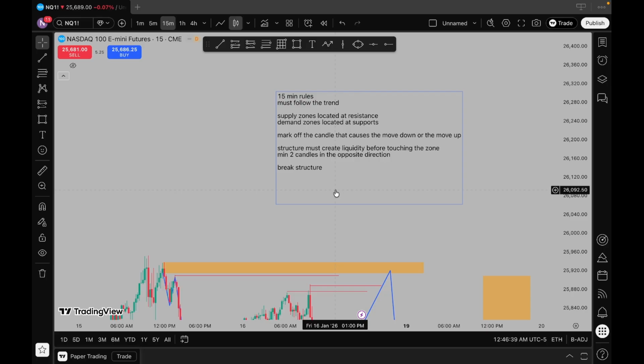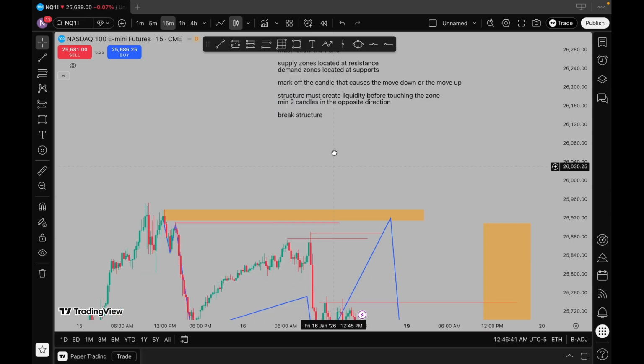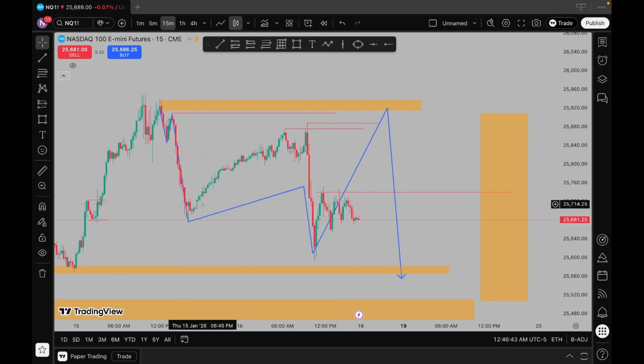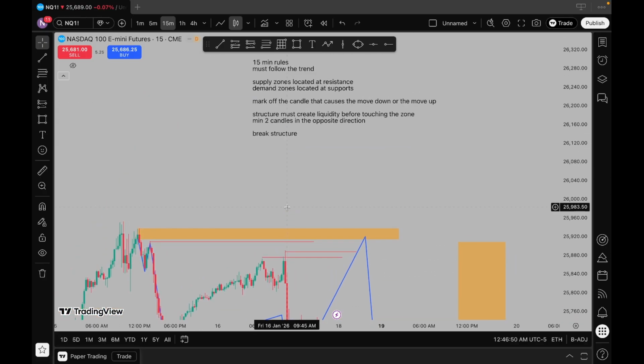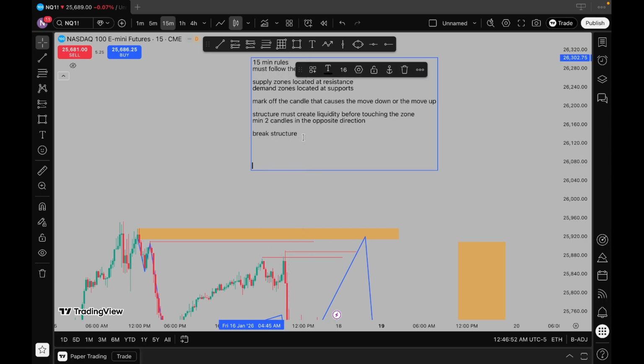Structure must create liquidity. So like I said, it has to create liquidity, meaning it has to have multiple candles, at minimum 2, going in the opposite direction, and then it needs to break structure, right?